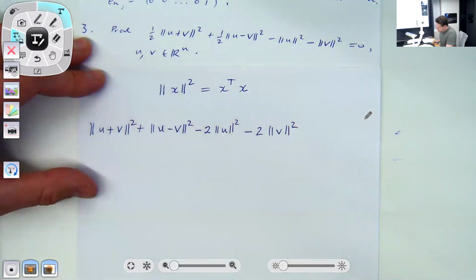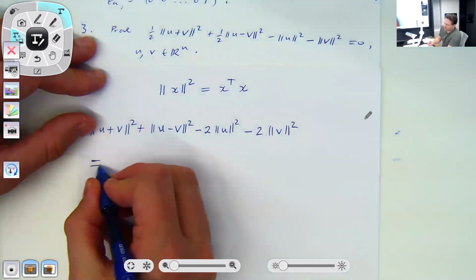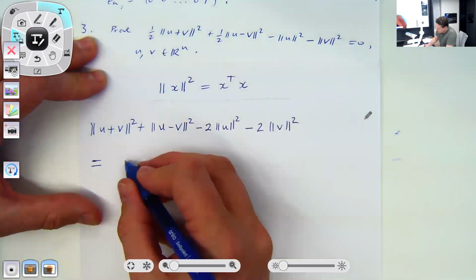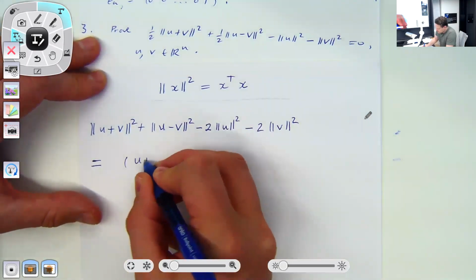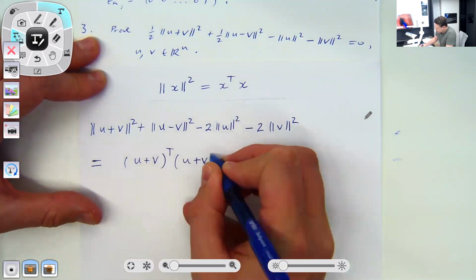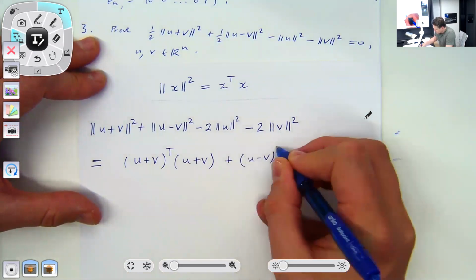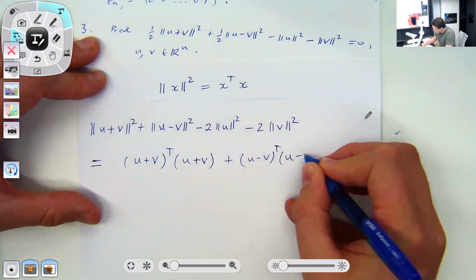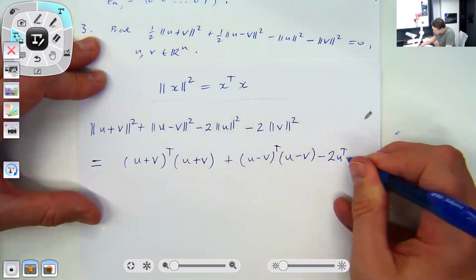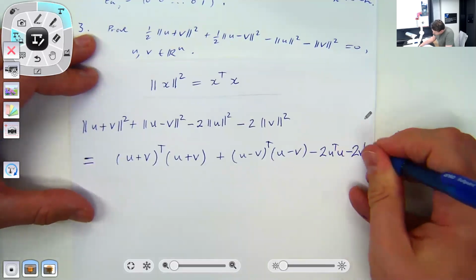But we're dealing with the left-hand side first. So we'll simplify now. Using this identity, what we have is (u plus v) transpose times (u plus v), and then we're adding (u minus v) transpose (u minus v), and then subtract twice u transpose u, and subtract twice v transpose v.